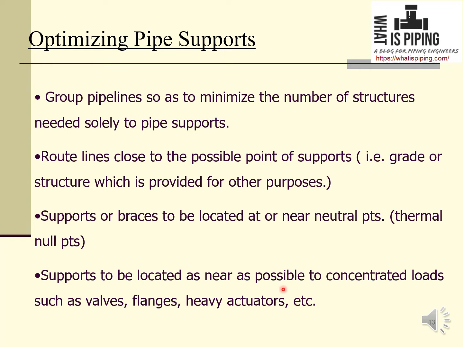Supports to be located as near as possible to concentrated loads such as valves, flanges, heavy actuators, etc. By providing supports near to the concentrated loads, the sustained stresses or stress generated due to weight effects can easily be reduced to a great extent. So this is a very good guideline.